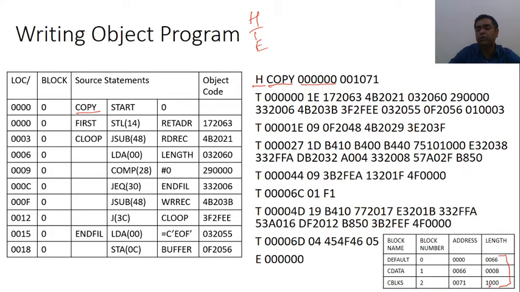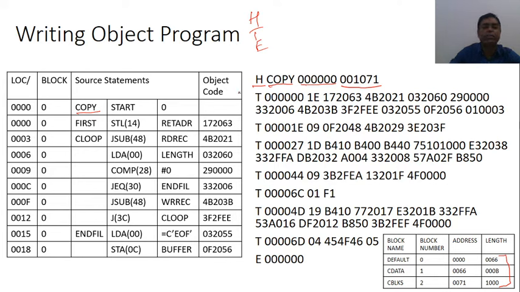When we add these we get 1071. So the size of this program is 001071. In this way you find the size of the program when your program is divided into program blocks, by just adding the size of each block.